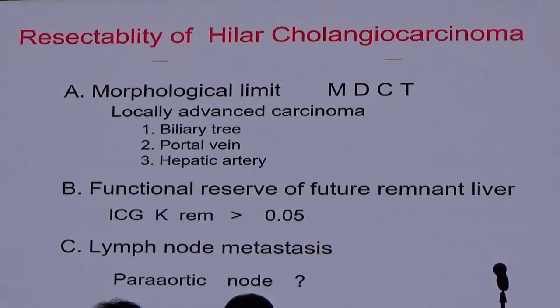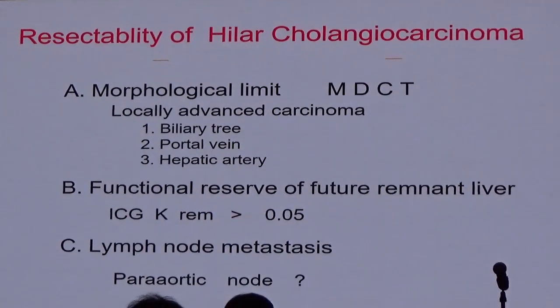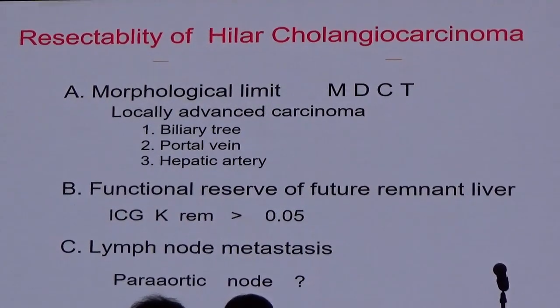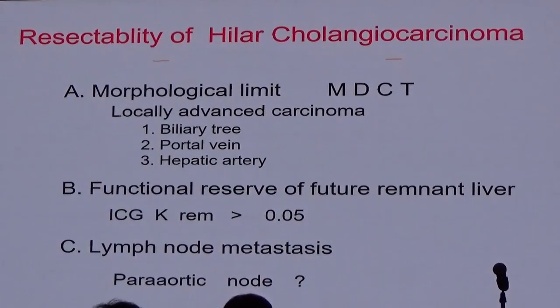But we must also be careful to diagnose perivascular extension of the tumor. And the functional reserve of the future remnant liver is also very important to perform safer hepatobiliary dissection of the patient. And finally, as you know, lymph node metastasis is a very big prognostic factor of any type of cancer.